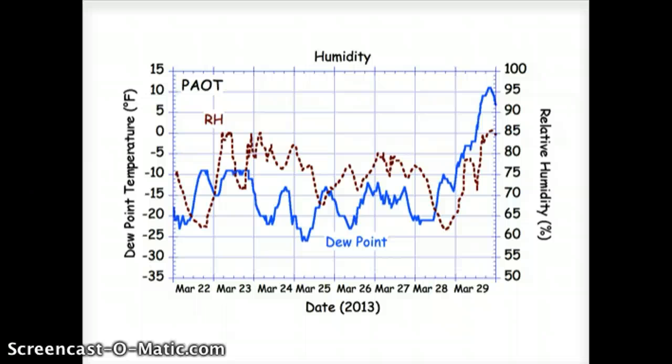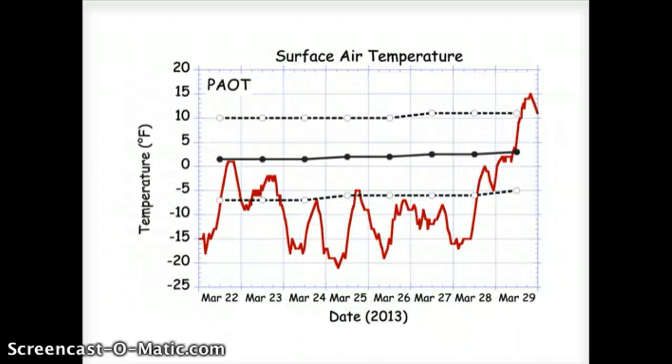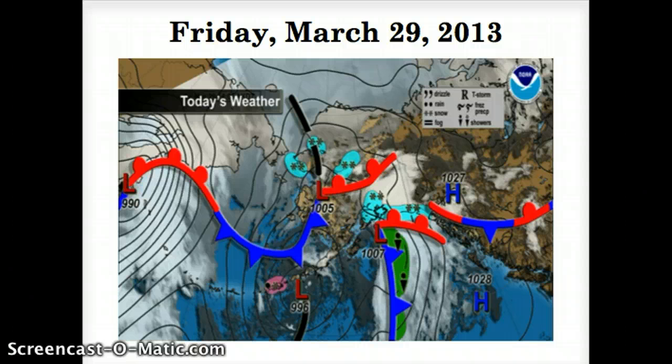So the temperatures on the 29th got up to 15 degrees towards the afternoon, and show again the daytime warming, but there was a drastic increase in temperature on the 29th.